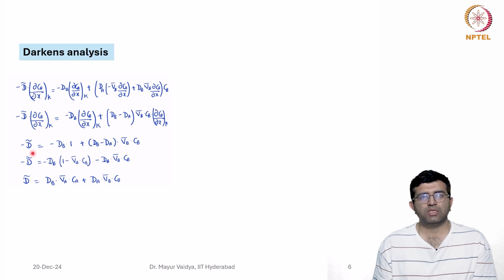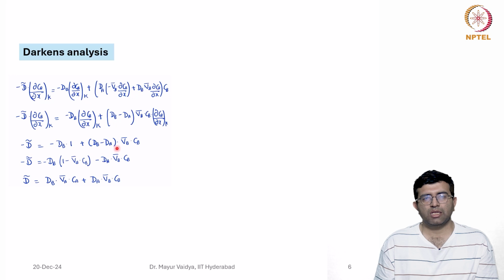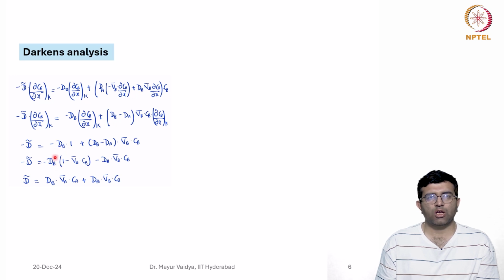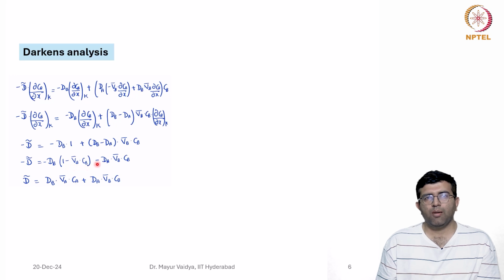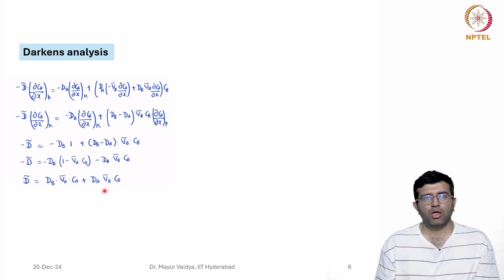What you end up with is minus d tilde is equal to minus dB plus dB minus dA into Vb bar into Cb. Now, if you take the dB terms common, then you get 1 minus Vb bar into Cb, minus dA into Va bar into Cb. Now, this minus you can remove from both the sides.